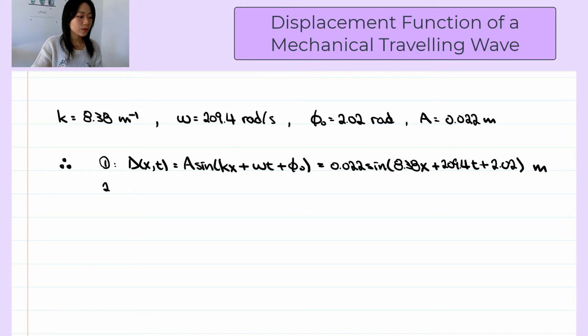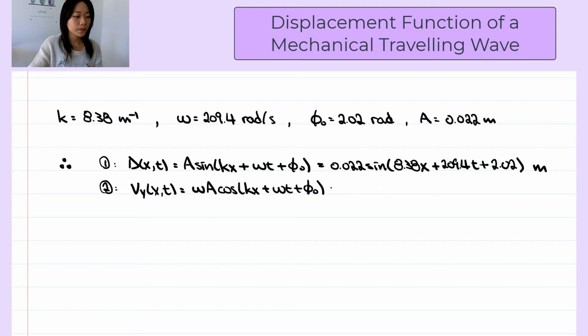Equation 2 is the transverse velocity function, which is angular frequency times amplitude times cosine of wave number times x plus angular frequency times time plus phase constant. We substitute the numbers we found.